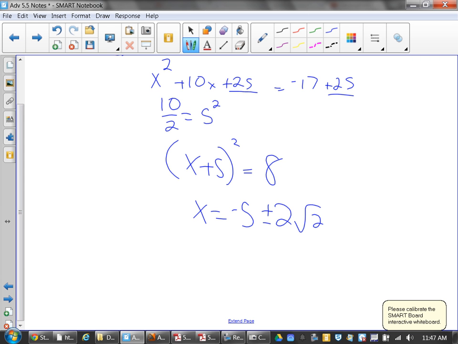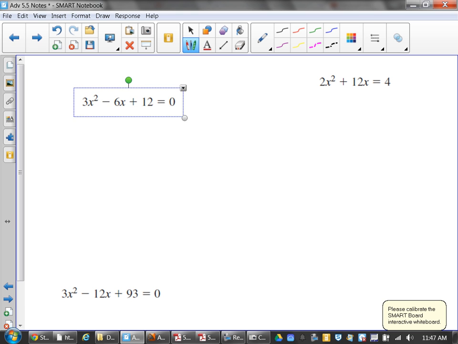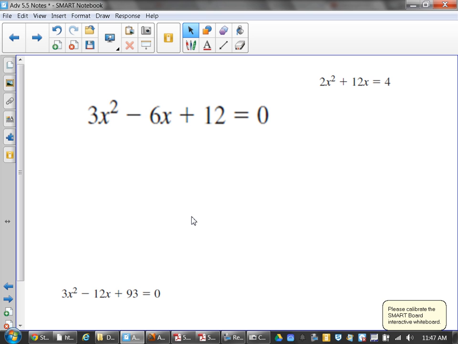All right. Tomorrow we will do this with the leading term coefficient not equal to 1. We'll do stuff like this. I need to remember that when we do this with the leading term coefficient not equal to 1, you're basically doing GCF stuff.